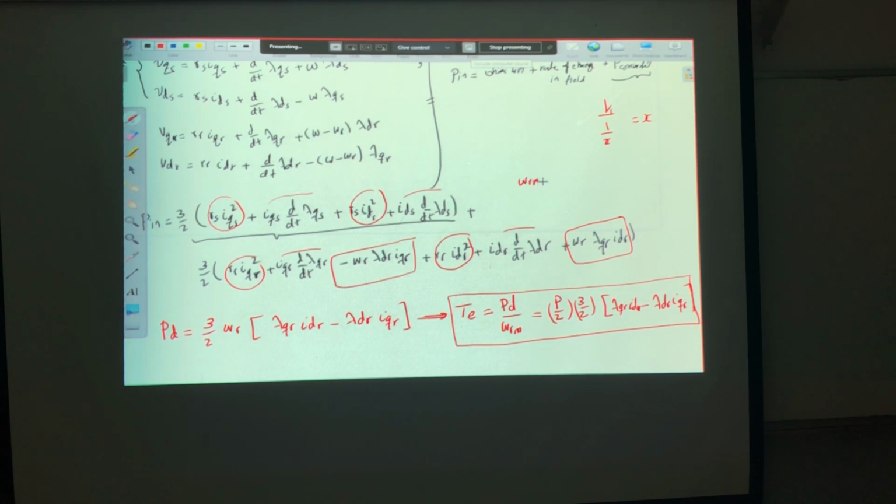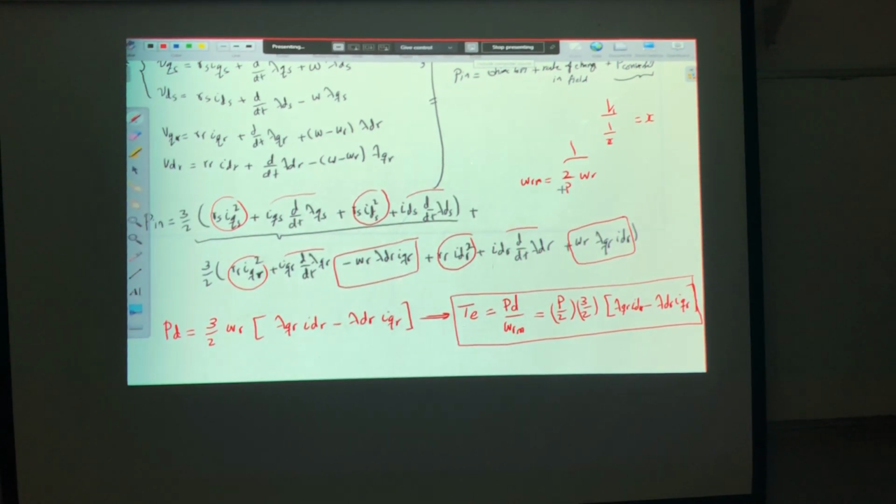Omega r equals what? 2 over P times omega r mechanical. Right? Okay, remember P over 2, 2 over P. According to that, you should go down, so 1 over it. Right or not? Okay. Good.